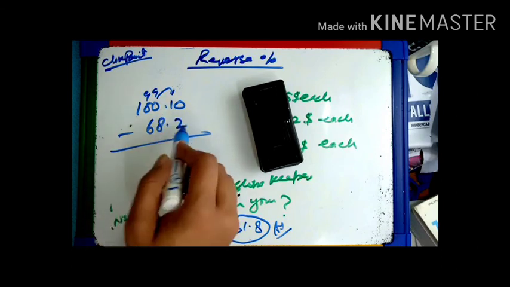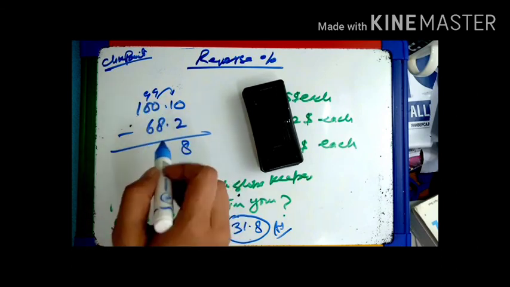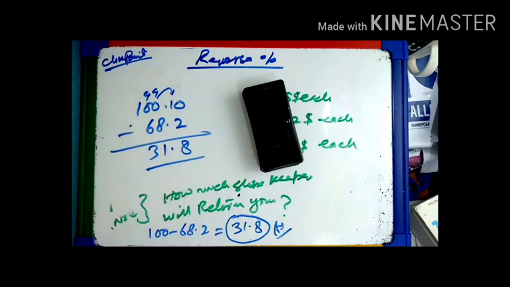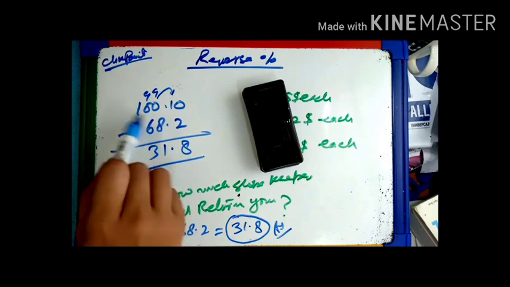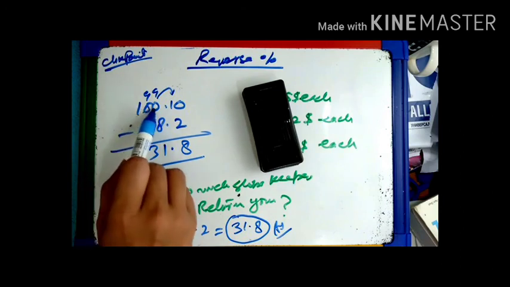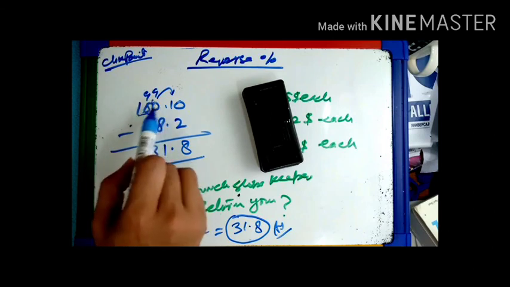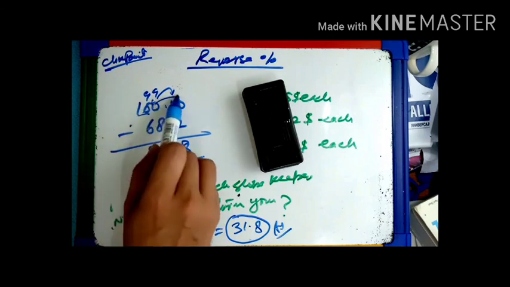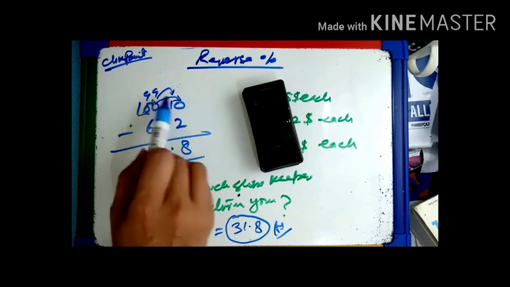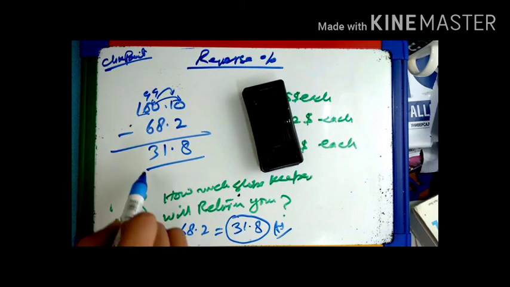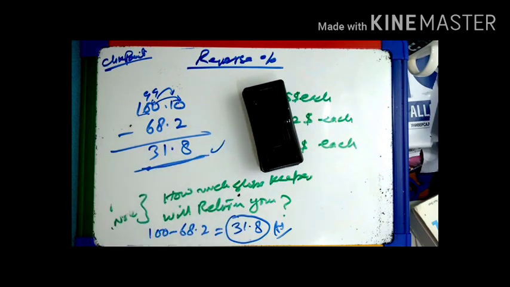So 10 minus 2 is 8, and 99 minus 68 is 31. First you take the borrow from here to here. If you take the borrow from here, it will be 9 and this will be 10. Then you still need it over here, so you borrow from here, you get 9 and this one is 10. Got it? I think you remember now. In childhood you did this in grade 2 or 3, right?